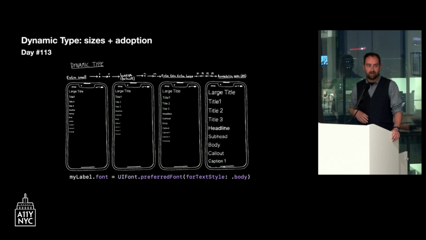So it's fair to think that the body style is going to need a much higher increase of size to be readable. And in principle, it's super easy to implement, and it's just selecting a font based on a style.